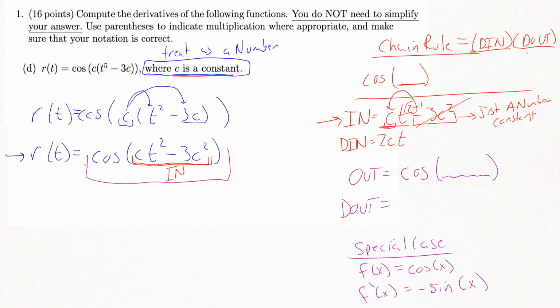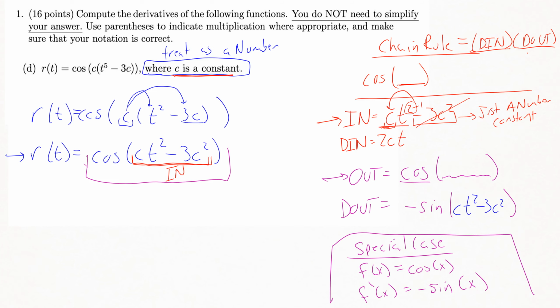That's a rule you have to have memorized. If you have it memorized, super easy. If you don't, then it's kind of hard. So taking the derivative of the outside piece, we're taking the derivative of cosine, which we said was negative sine, and then we leave all the stuff alone that was on the inside of our problem already, so that was our ct squared minus 3c squared.